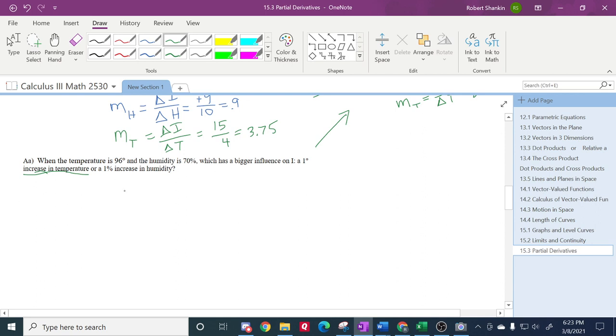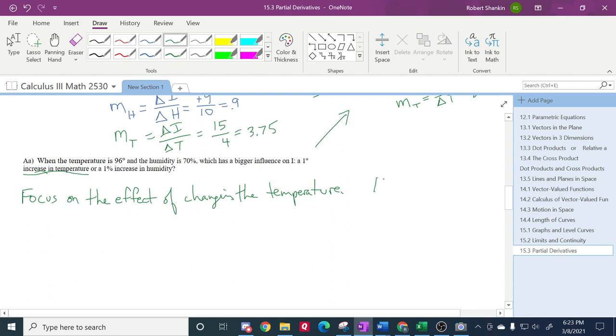When we're focusing on the effect of changing the temperature, if you're going to do this, how do you do this?